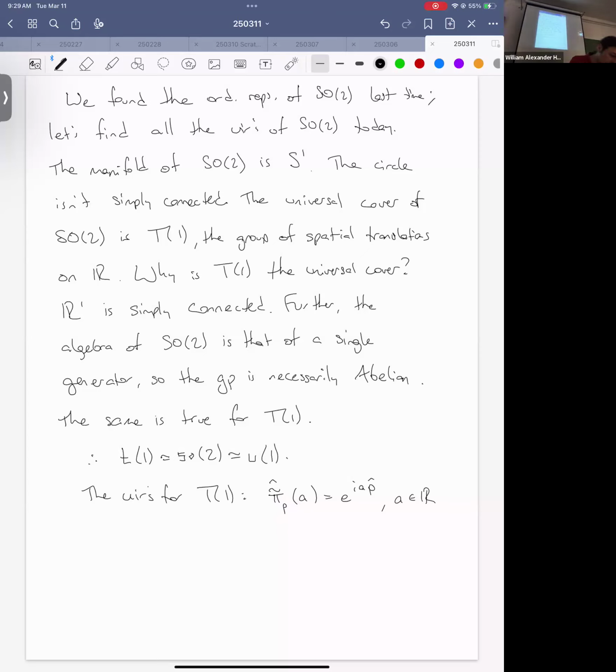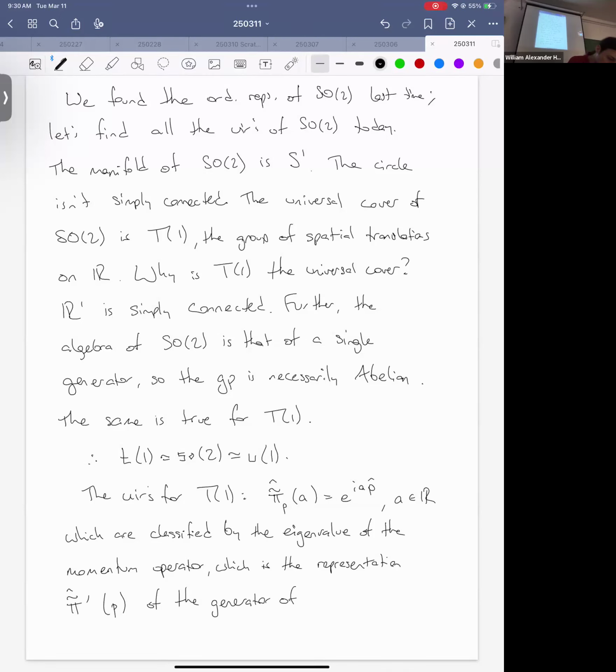And these representations are classified by the eigenvalue of the momentum operator, which is the representation, call it pi twiddle hat prime of P, of the generator of translations.